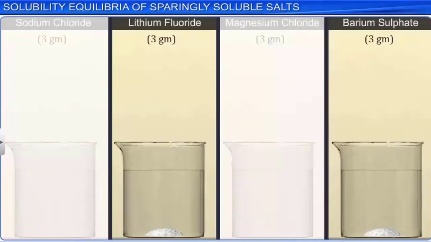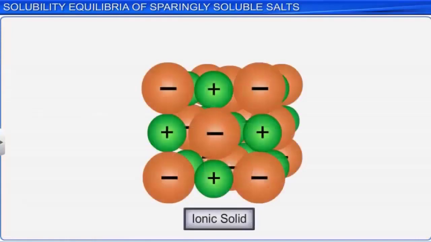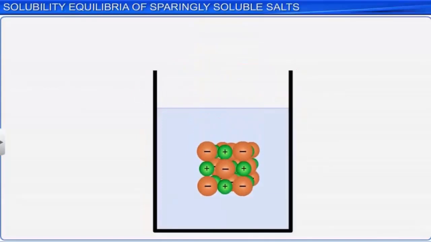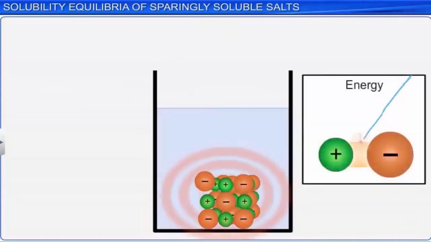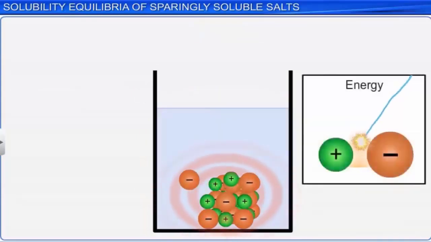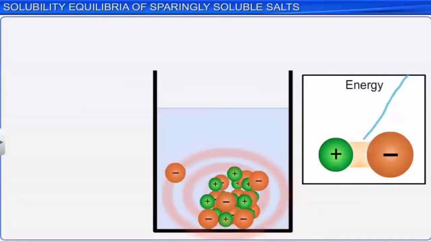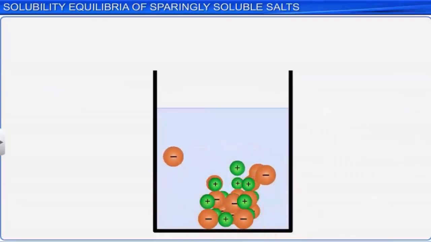Let us try to understand this. The ions in an ionic solid are held together by strong electrostatic forces of attraction. For its dissolution in the solvent, energy is required to overcome the attractive forces between the ions. This energy is called the lattice enthalpy.